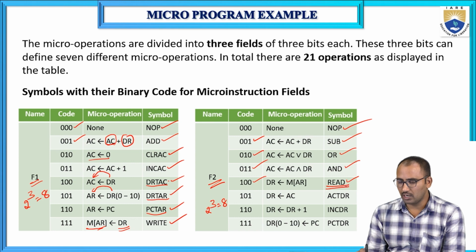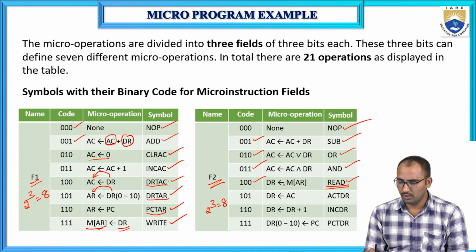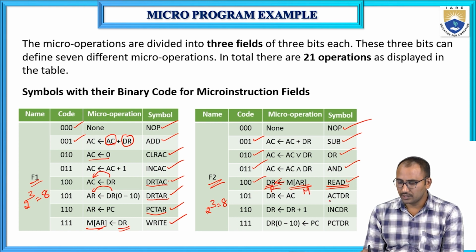Read operation means transferring the data from the memory to the register. Next, AC to DR, accumulator to data register, increment data register. Next, PC to DR, program counter to data register.